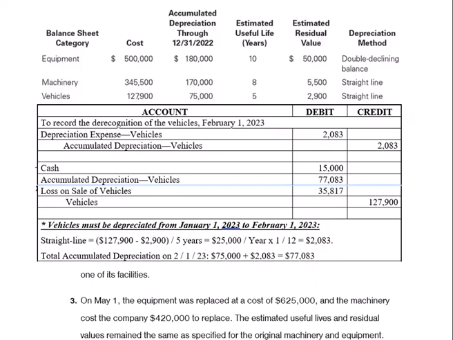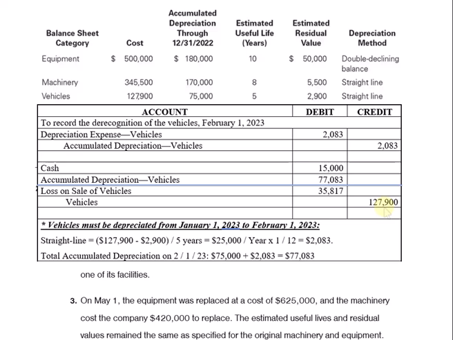So we get $15,000 for the cash. Now at this point, our total accumulated depreciation is $77,083. That's the $75,000 that we already had plus the depreciation we just took, $2,083. So we need to debit accumulated depreciation to get it off our books. We need to take the cost of the vehicles off our books as well, $127,900.